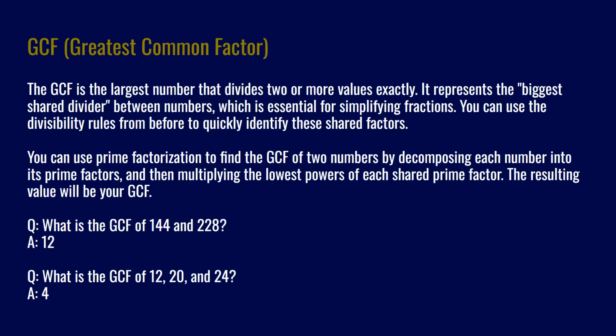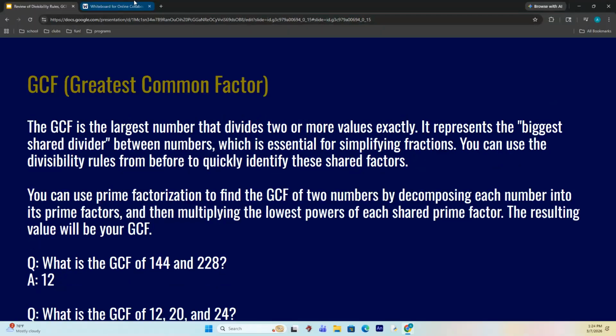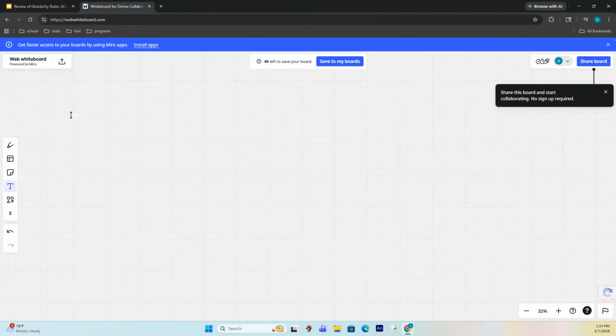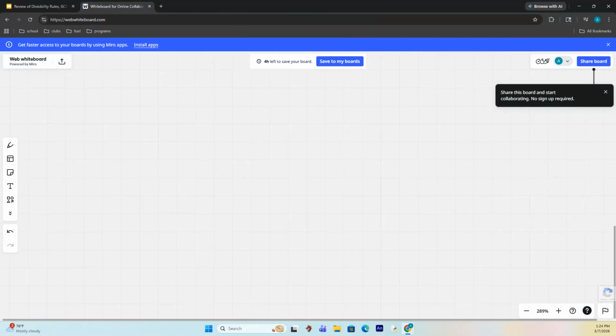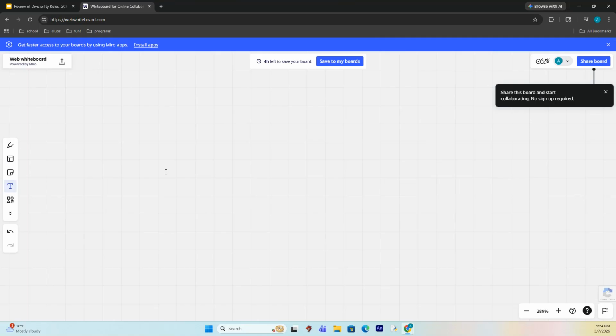Greatest common factor. Now, greatest common factor up until now has oftentimes involved writing out all of the factors. However, prime factorization is a faster method, so I'm just going to use the example of 12, 20, and 24 to show. Let's take 12, and I'm not going to be drawing out the entire tree for time purposes. You're welcome to try them out on your own if you'd like, but 12 is equal to 2 times 2 times 3, as we found out earlier.